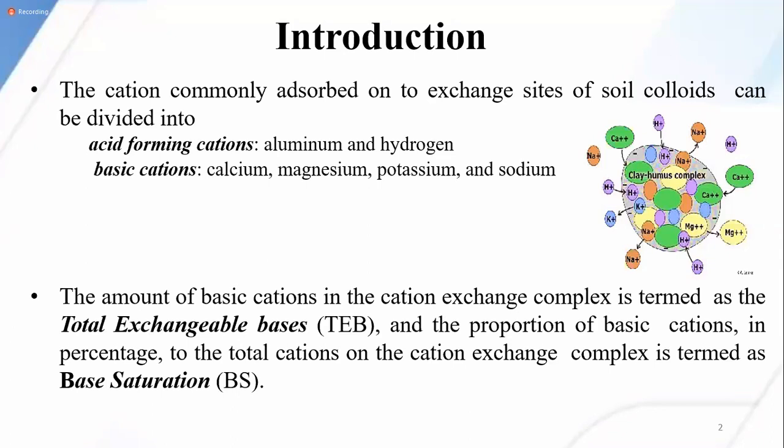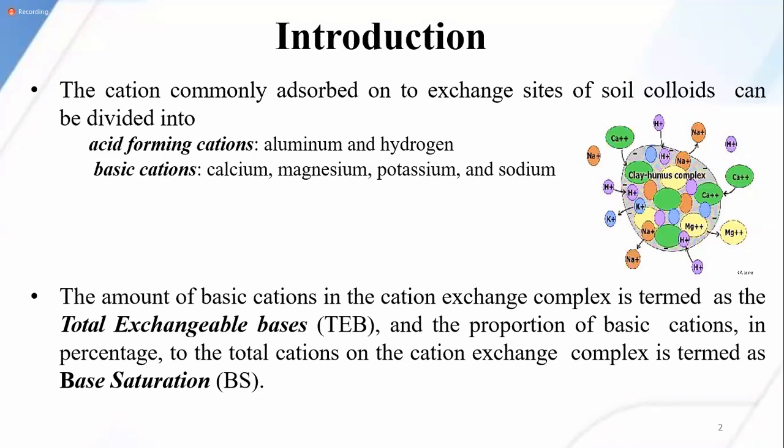Other basic cations are present in very low amount, no? Am I right? Yes or no? Yes, ma'am. Okay. So here just we are going to determine some basic cations.